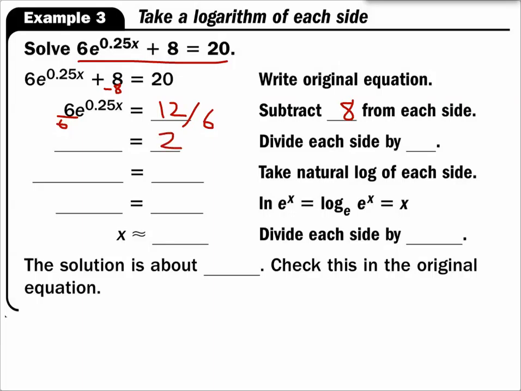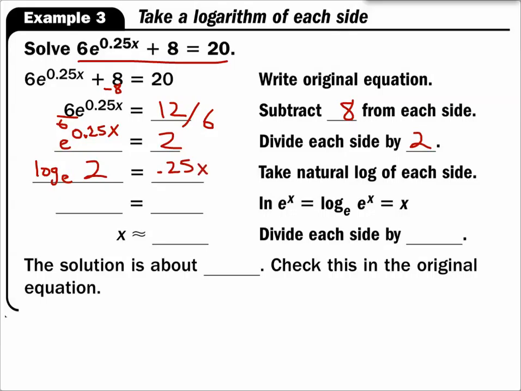And we're talking about e to the 0.25x equals 2 after you divide each side by 6. Okay, now change it into log form, right? So x is in the exponent. We don't really want that in terms of solving the equation. Change it to log form. So log base e of 2 equals 0.25x.